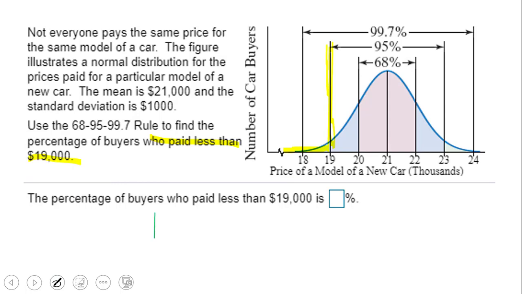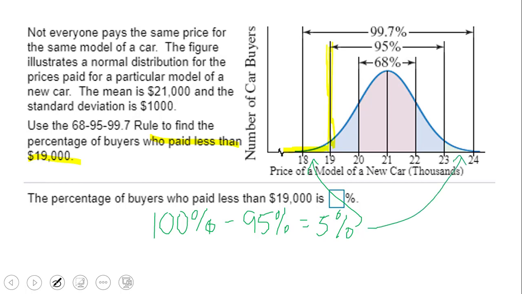I need to take that whole picture as 100%, subtract off the 95%, and I get 5%. But that 5% is divided up equally between the numbers less than 19, the bottom of the 95% range, and more than 23, the area above the top of the 95% range.